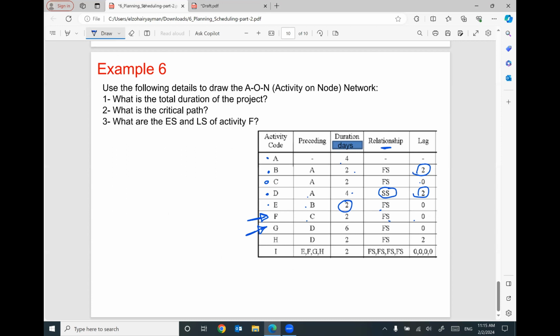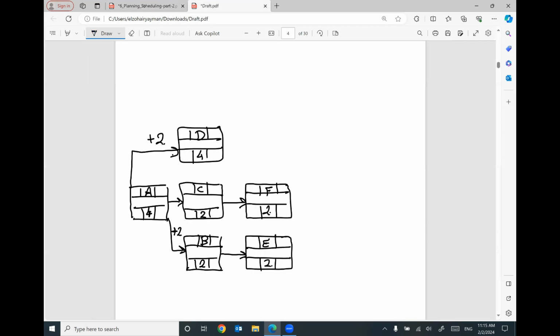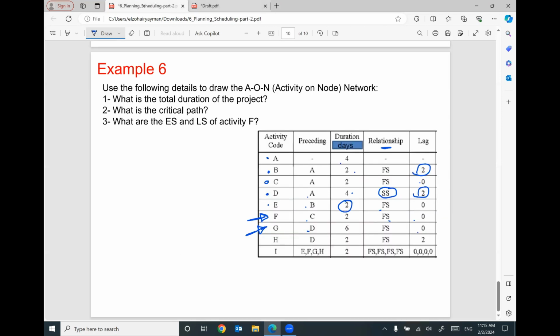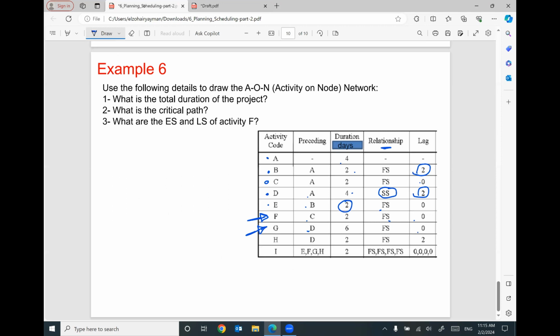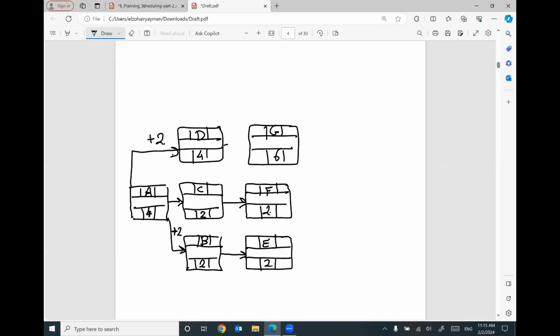G has a predecessor D, finish to start without a lag. So I can put here activity G. The duration of activity G is 6, finish to start with D. Very simple.